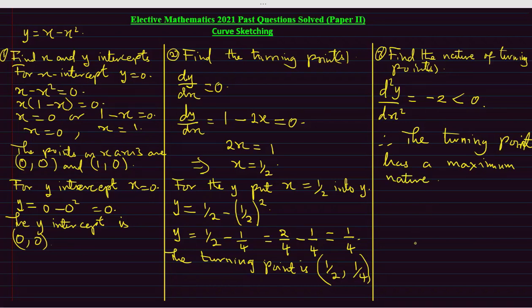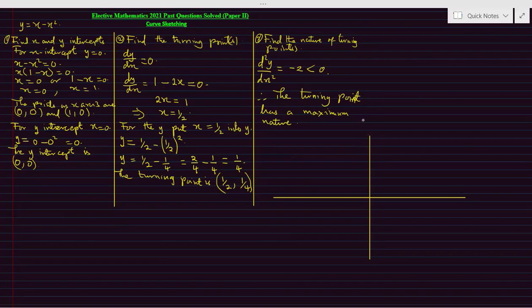To this end, we are going to sketch our curve. So now I'm going to label my x and y axis. So this is my x axis, my y axis. On the x axis, I have 1, I have half. So let this be 1, let this be half.